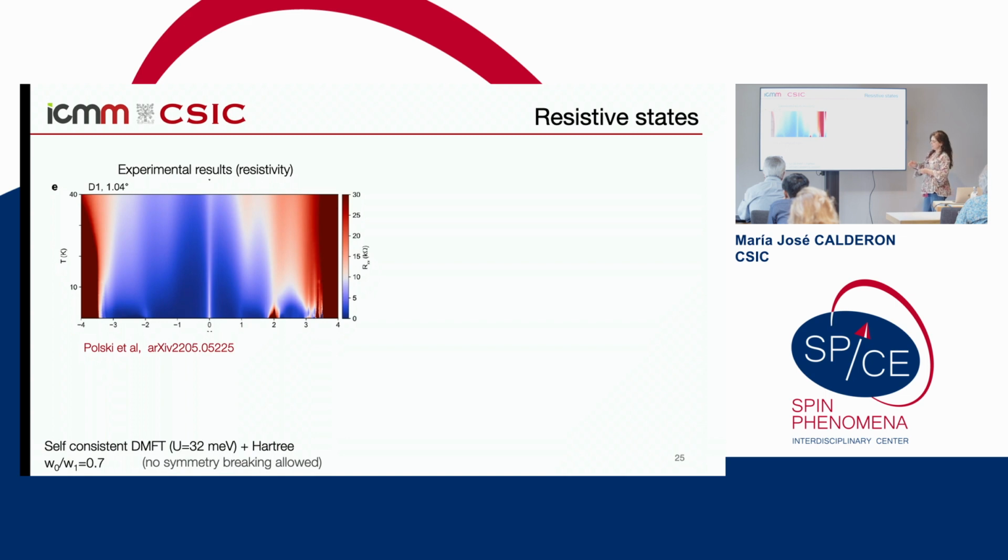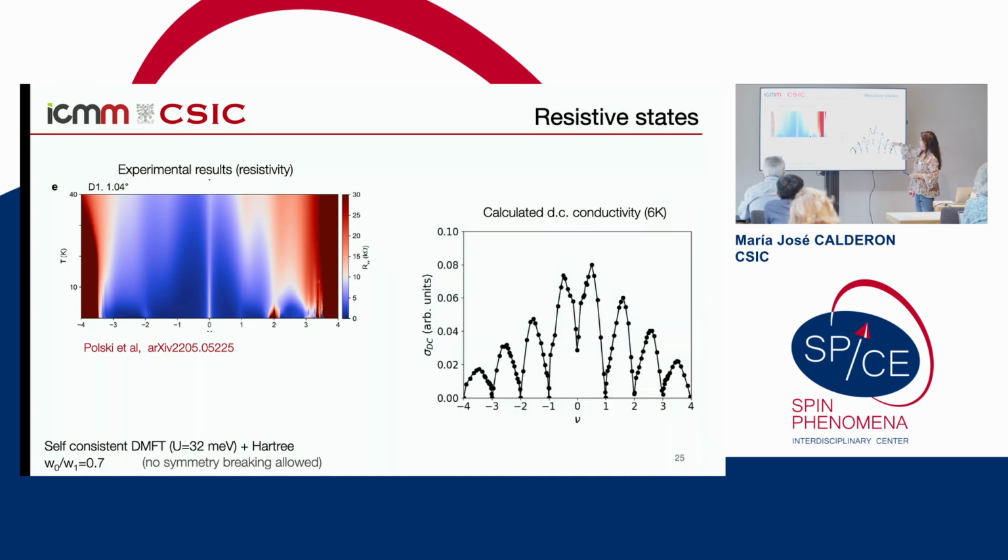And about the resistivity states, we already saw that the density of states shows a very strong dip at the integer fillings, but we can also look at the conductance, and we see this same kind of result as was observed experimentally here. It depends on the samples, but this is the kind of general feature that you can get.